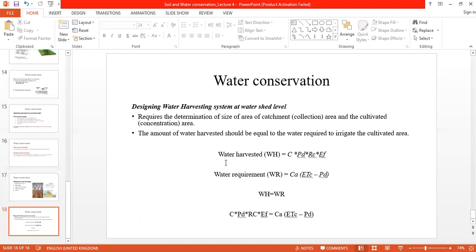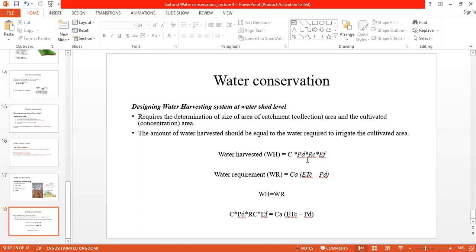To do that, you can use these formulas. The volume of water to be harvested, we said it would depend on the area that you have.